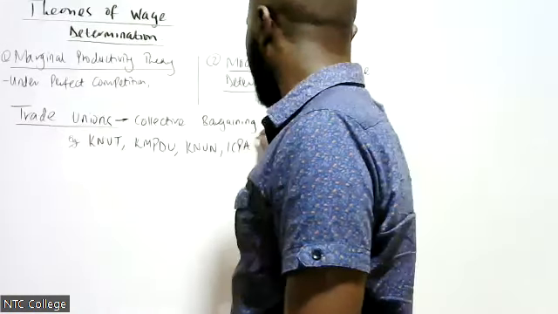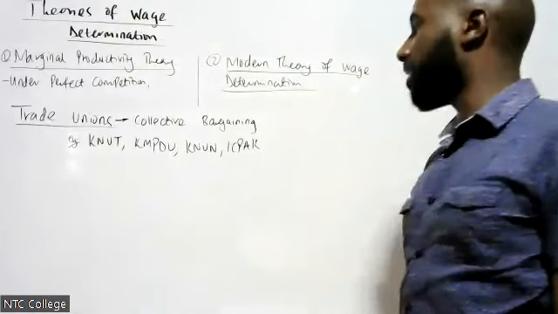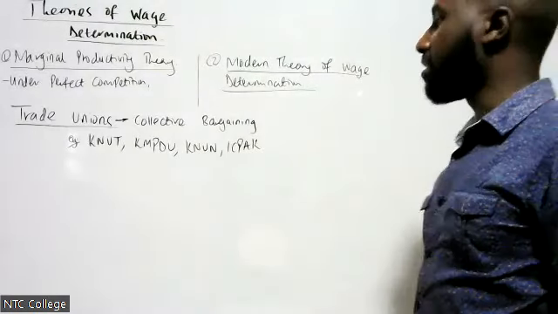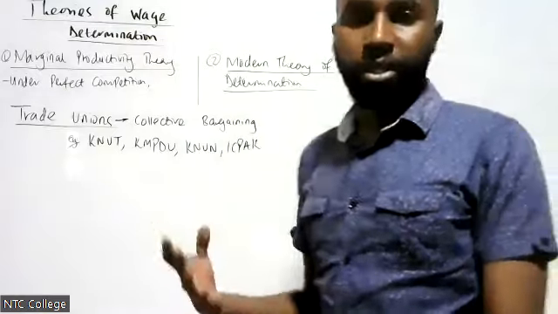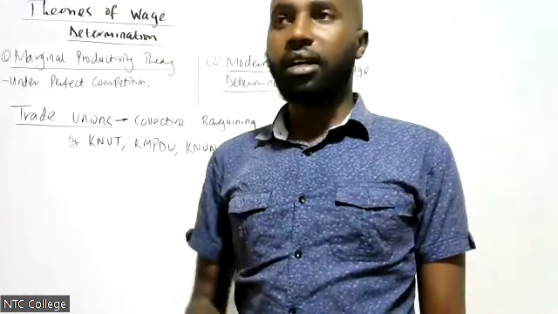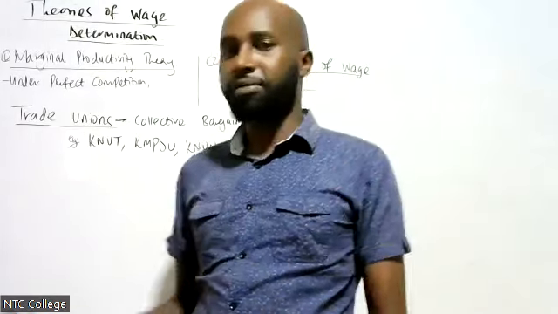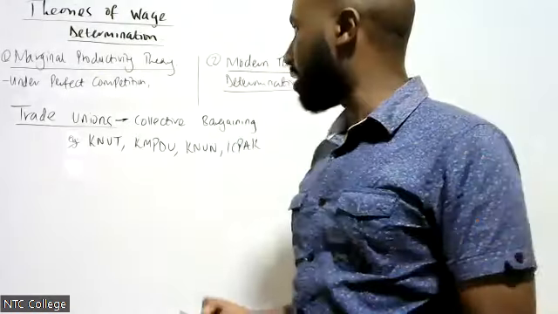What does ICPAK mean? Institute of Certified Public Accountants of Kenya. We can classify this as any union or association of people within the same sector. Even for matatus, I think we have a trade union as well.